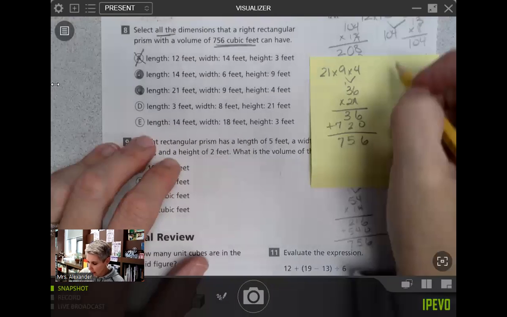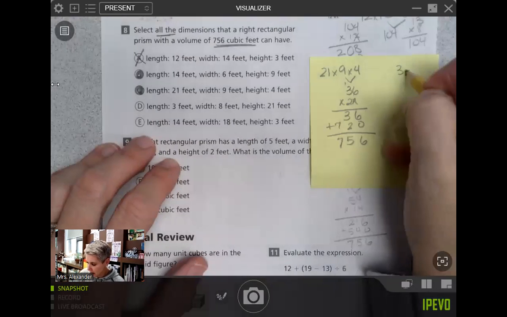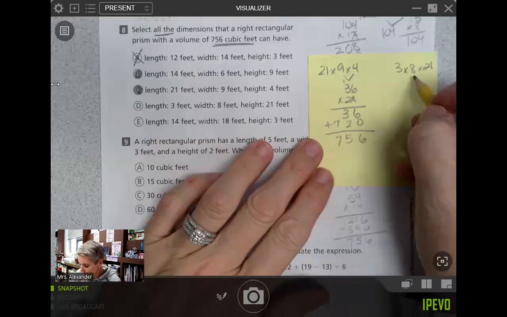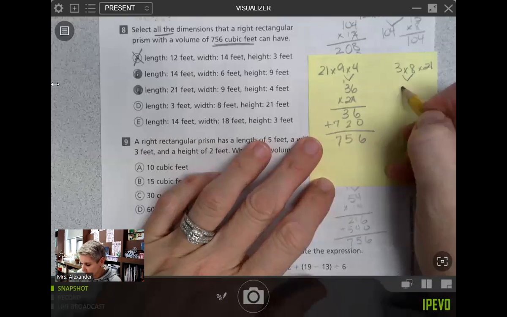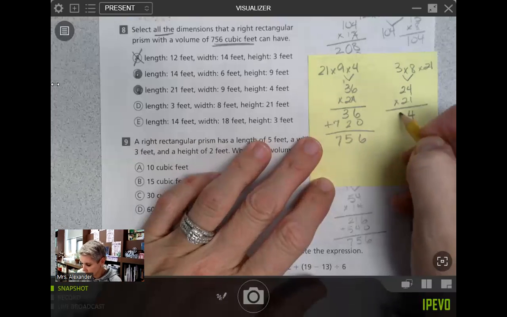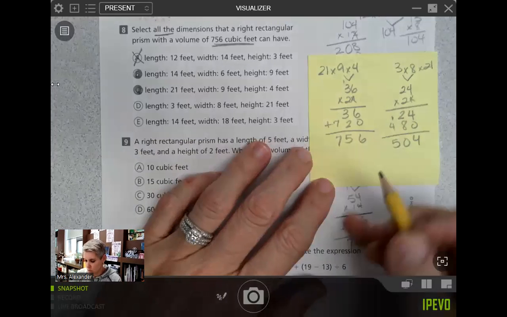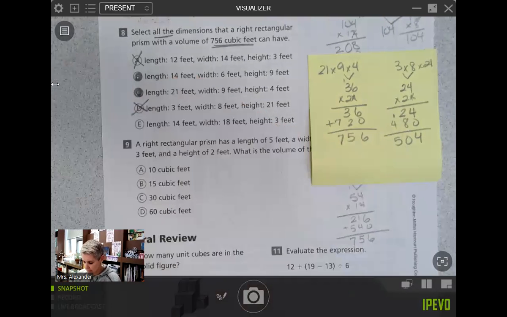We have 3 by 8 by 21. I'm going to do 8 times 3 is 24 times 21. And I get 504. That one is not good.